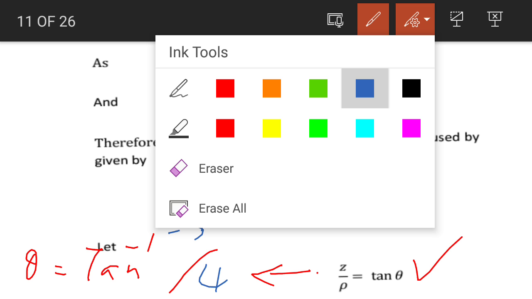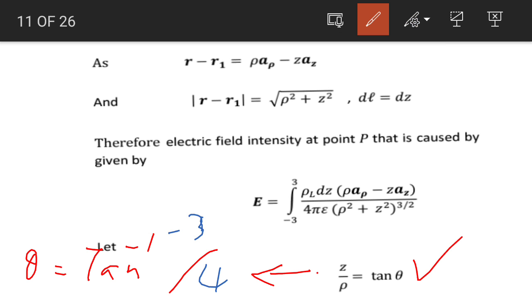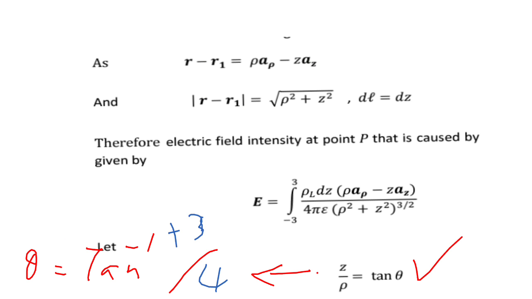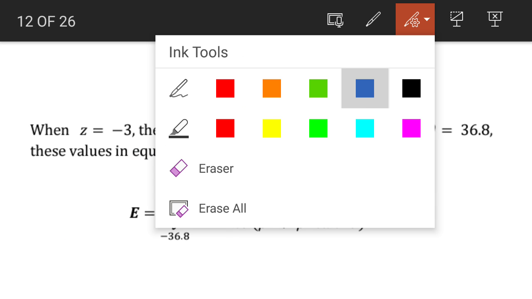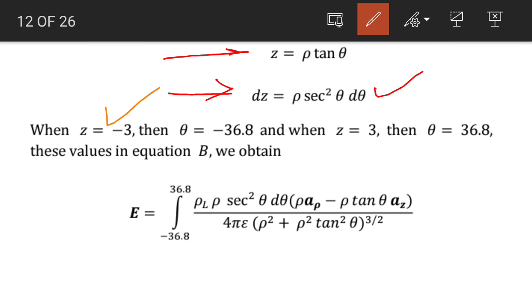And when z is plus 3, then we will have tangent inverse 3 by 4, and this angle will be 36.8. So when z is minus 3, theta is minus 36.8, and when z is plus 3, theta is 36.8.